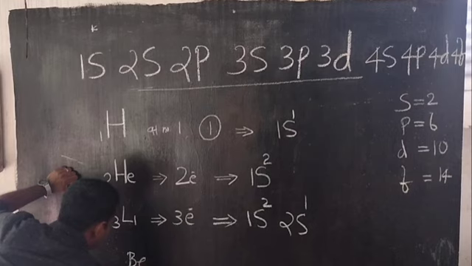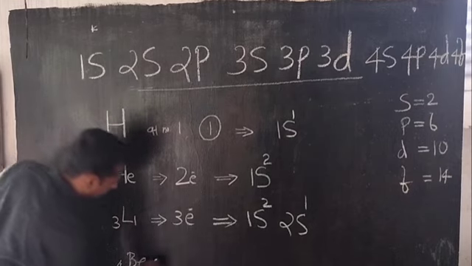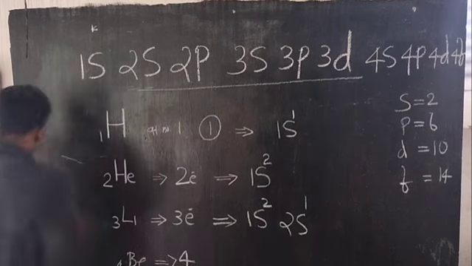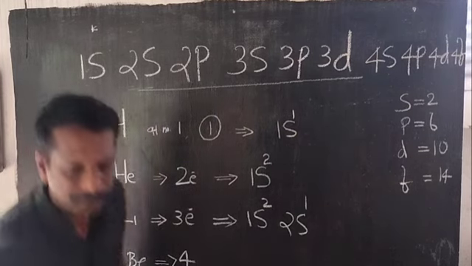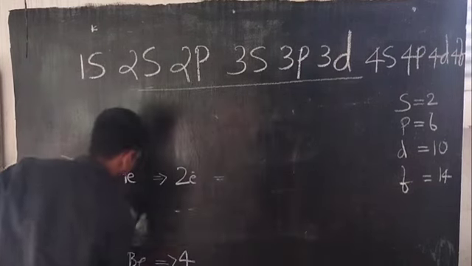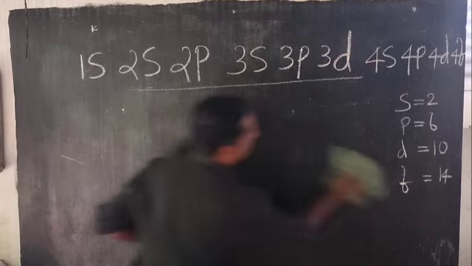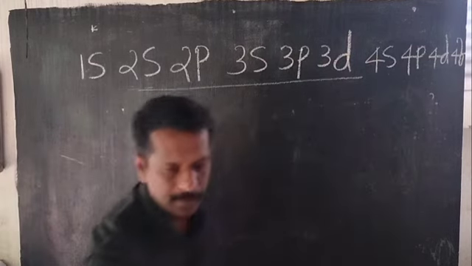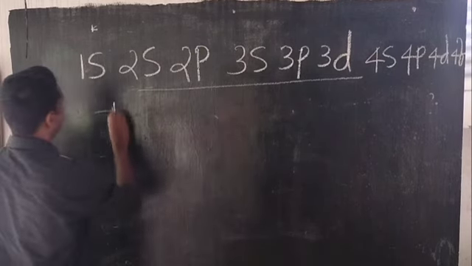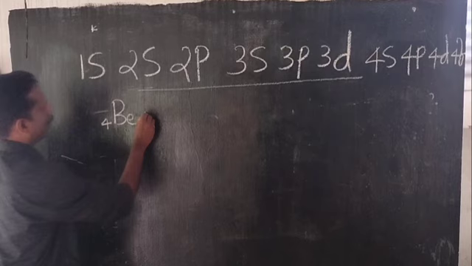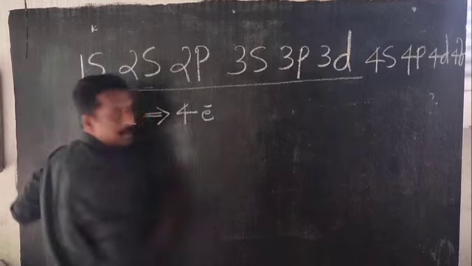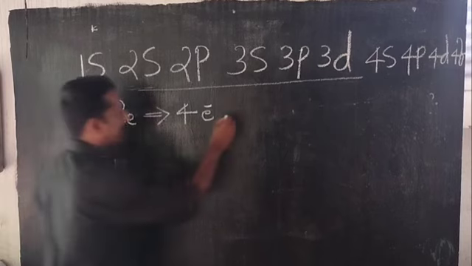beryllium, atomic number 4. Atomic number 4 means the number of electrons is 4, and the electronic configuration?